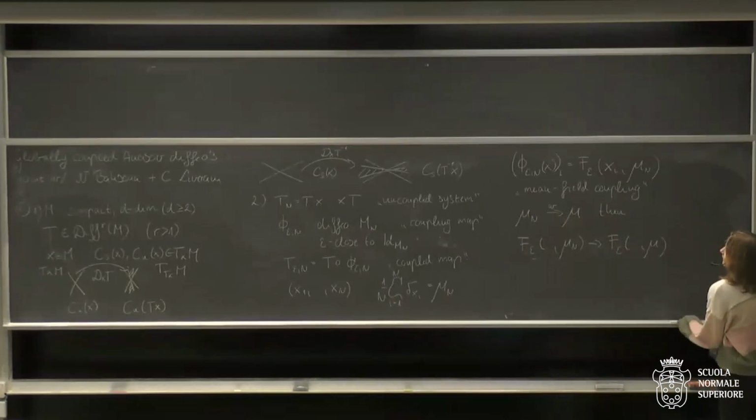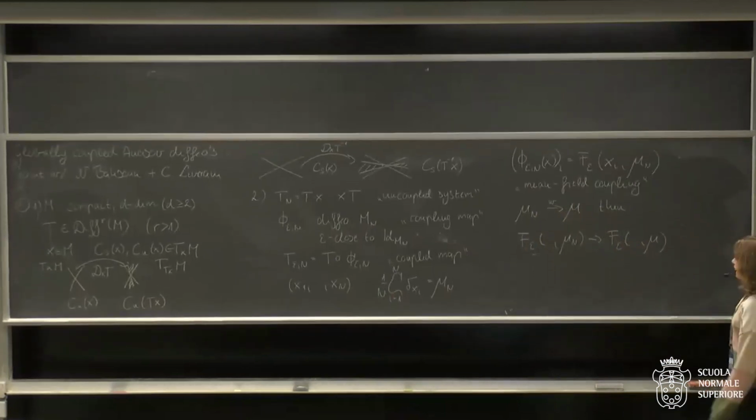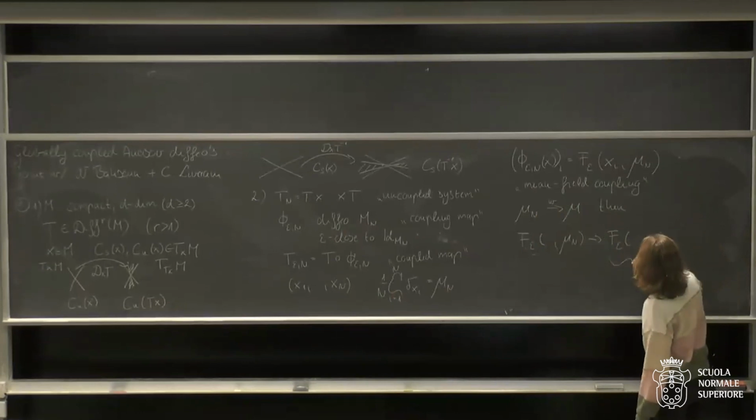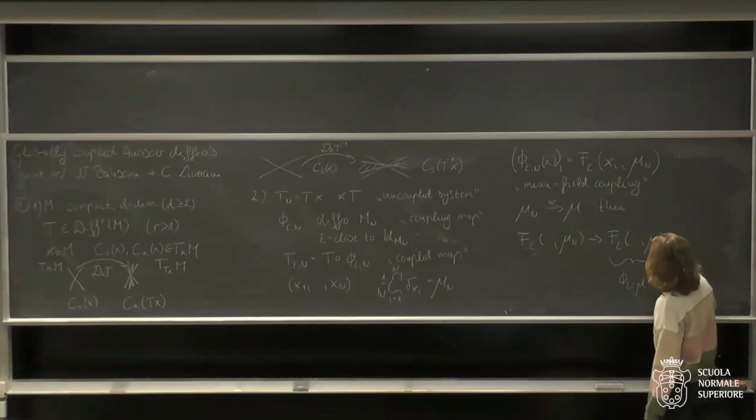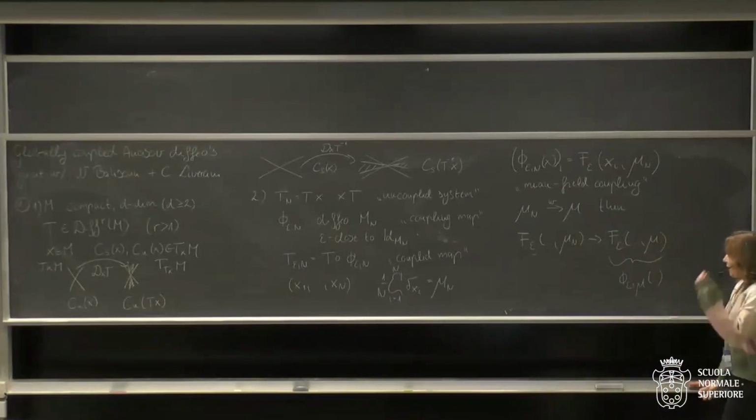And in this case, we can understand this as the coupling map for a system where the system state is represented by this measure mu.